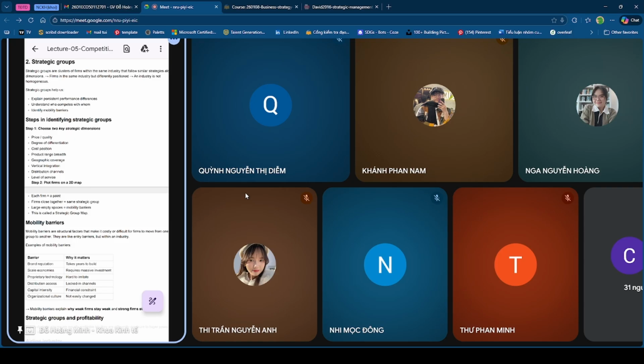And the strategic group also helps us to understand our competitors, who competes with whom. Some firms operate in the same industry as us, however, they are not our direct competitors. So when you map your industry, you can easily find your competitors. And the last one is that the strategic group also gives you one more concept, that is mobility barriers.